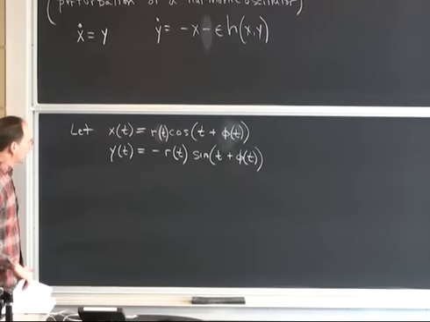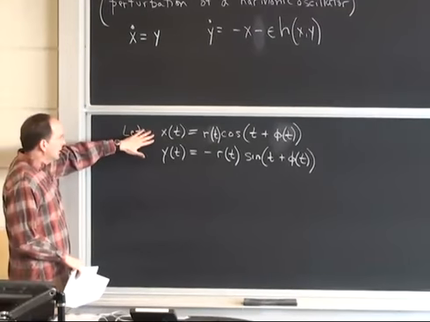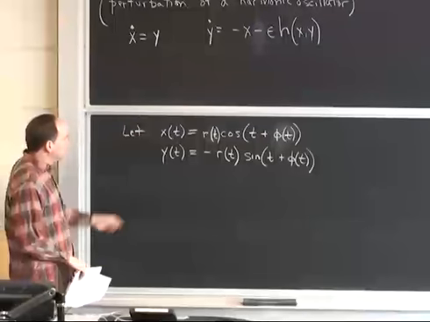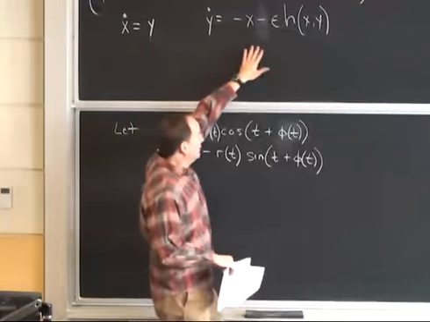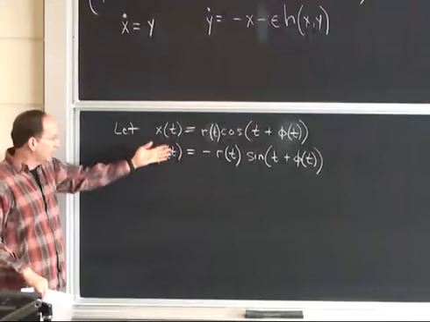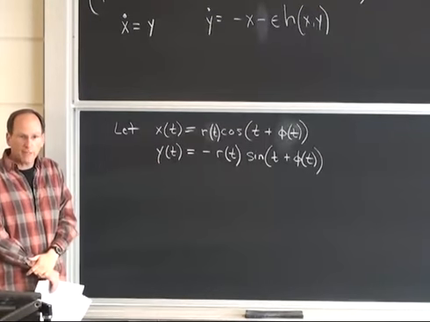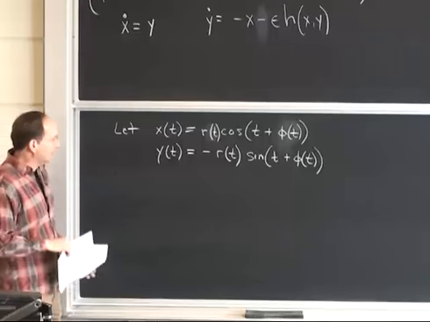Yes, that's true from one point of view, but the way you should think of this is, suppose I have x and y as solutions of this system. I can define variables r and phi by this definition. That is, this is really more a definition of r and phi than a statement about calculating derivatives.